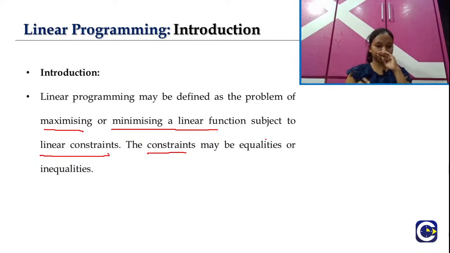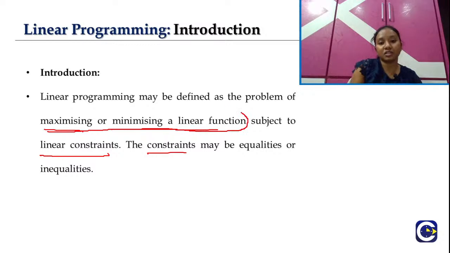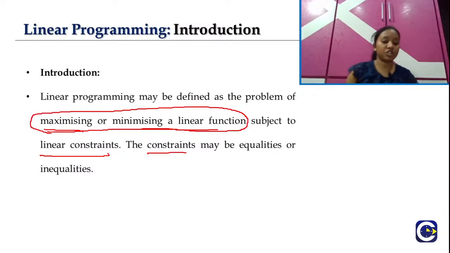But linear programming in general talks about maximizing or minimizing a linear function which is subject to some constraints, and those will also be linear constraints. The major idea here is maximizing or minimizing a linear function. That is our basic definition of linear programming.